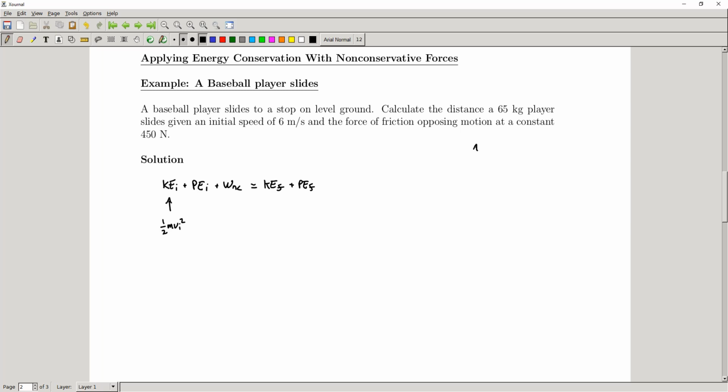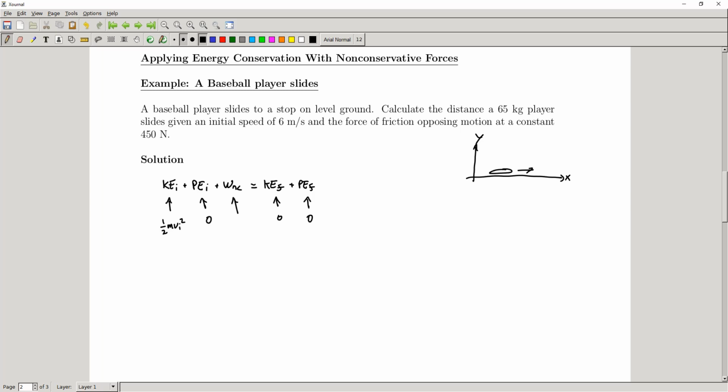So we can imagine that we have some coordinate system like this, x and y, and the player is just sliding on this surface. So there's no change in y, so there's not going to be any change in potential energy. Potential energy initial and potential energy final will be 0. The final kinetic energy is also going to be 0. The player comes to a stop, right? So once the player is stopped, v is 0 and there is no final kinetic energy.